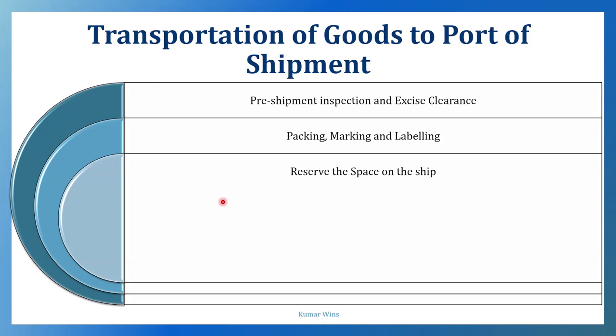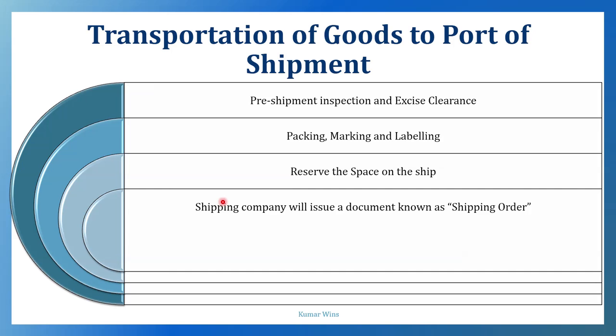If you don't have space on the ship, all these activities will go in vain. So simultaneously, the export department takes steps to reserve a space on the ship. This reservation of shipping space can be done either through the CFA or the freight broker who works on behalf of the shipping company, or directly from the shipping company.